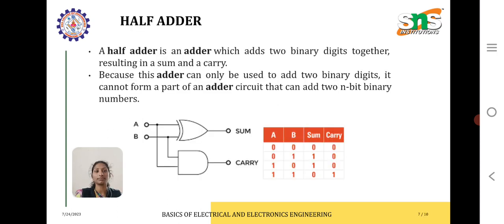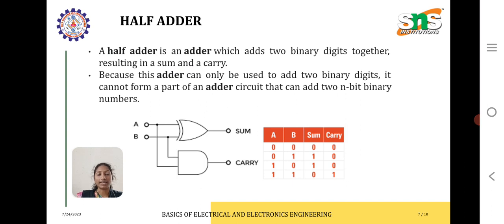Yes. Coming to adders, if we want to add two numbers in a system, in a computer, or we have to add three numbers, we have two types of adders, half adder and full adder. The half adder is used to add two binary digits, whereas the full adder is used to add three digits.